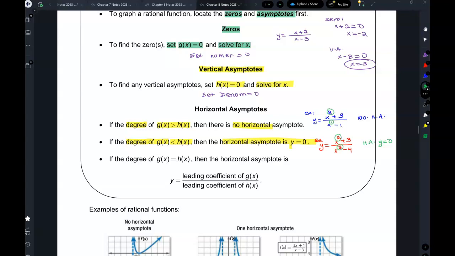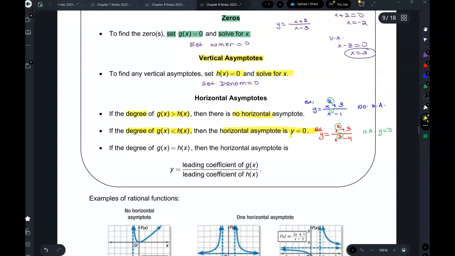What if it's the same? Okay, that's the next one. If the degree of g of x equals the degree of h of x, then the horizontal asymptote is the leading coefficient over the leading coefficient. So let's take a look at that here. So suppose, for example, you have y equals (5x squared plus 7) over (3x squared plus 5).